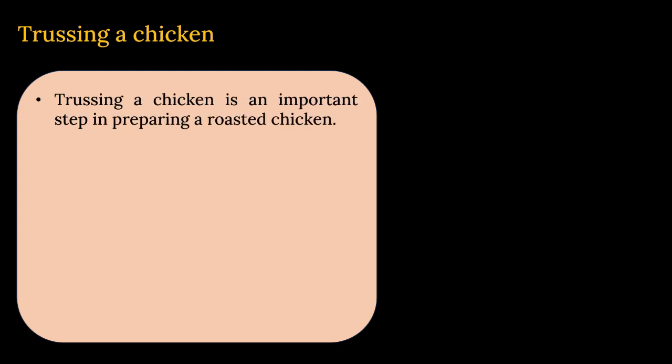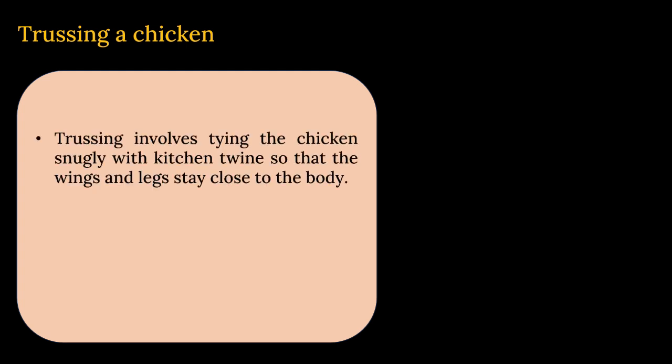Trussing is basically tying up the parts with a thread. Trussing a chicken is an important step in preparing a roasted chicken. Remember, trussing involves tying the chicken snugly, meaning tightly, with kitchen twine so that the wings and legs stay close to the body.